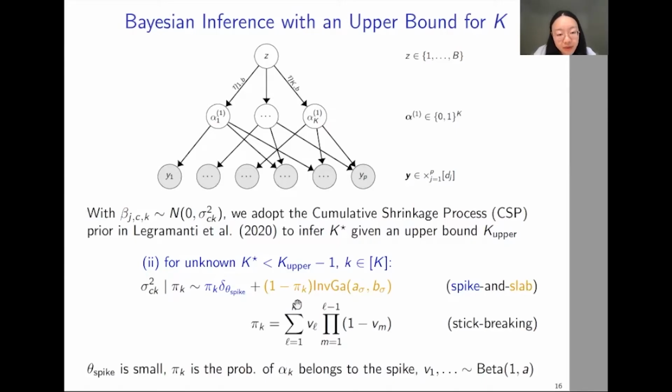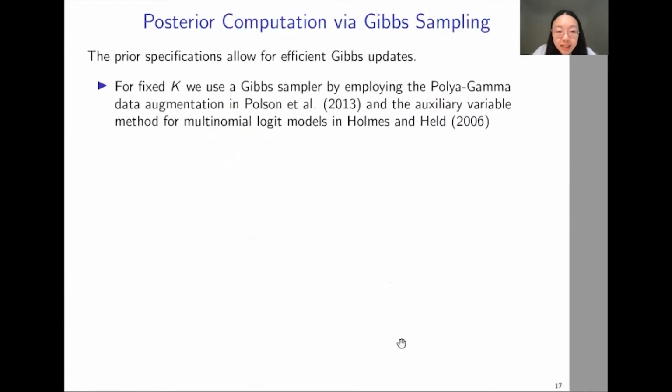And the variance for the beta coefficients still follows a spike and slab representation, where the probability that alpha_k belongs to a redundant spike component, the pi_k probability, is a sum of a stick-breaking process. So the nice formulation allows for efficient posterior sampling updates.